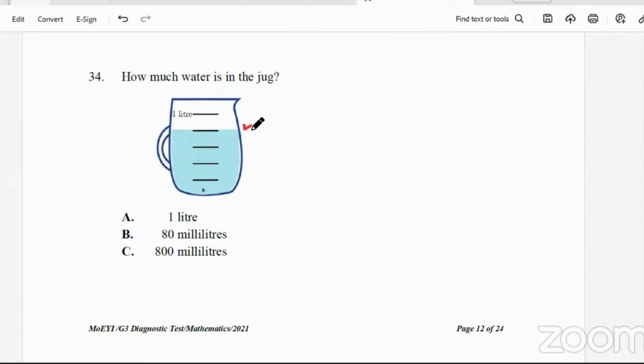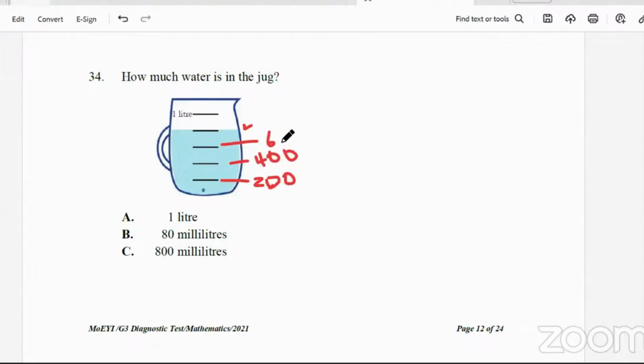So since the jug is almost full, then it would take 800 milliliters. Okay, looking at this, we have 1, 2, 3, 4, 5. So I'm going to assume that each line here would represent 200 milliliters. Okay, this would be 200. Try to use my finger. And then here would be 400.